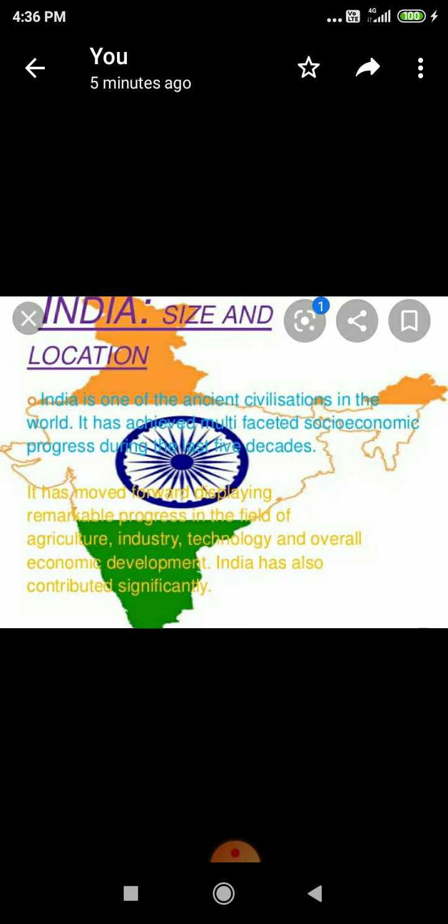It is divided by the Tropic of Cancer into almost two equal halves. In the southeast, the Andaman and Nicobar Islands lie in the Bay of Bengal, and in the southwest, we have the Lakshadweep Islands in the Arabian Sea.